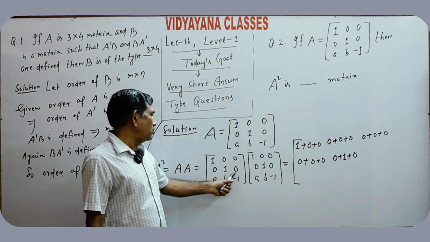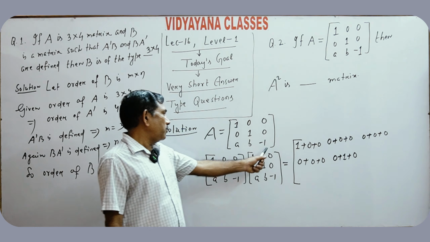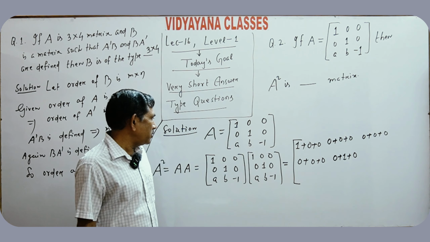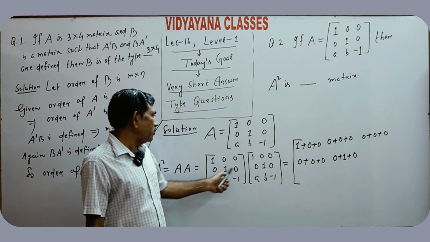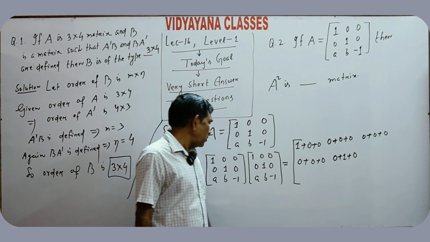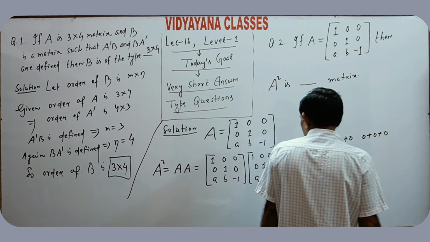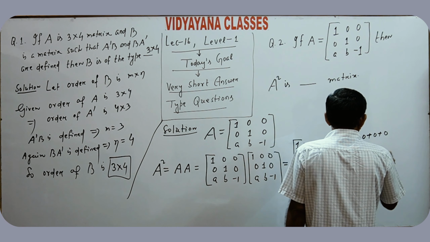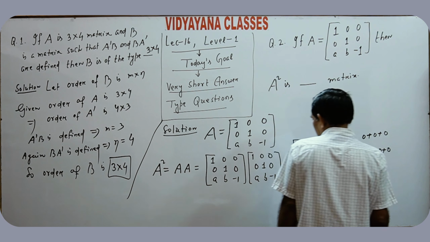Next, row 2, column 3: 0 into 0 is 0, 1 into 0 is 0, 0 into minus 1 is 0, so it is 0 plus 0 plus 0.